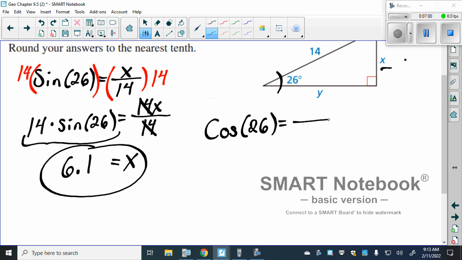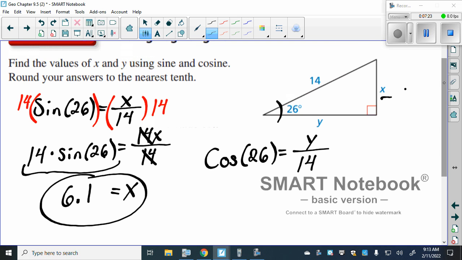So the adjacent side length to 26 degrees is what? It's going to be y because 14 is the hypotenuse. 14 is going to always be the hypotenuse for this triangle here because it's opposite the right angle. The side opposite the right angle is always the hypotenuse.